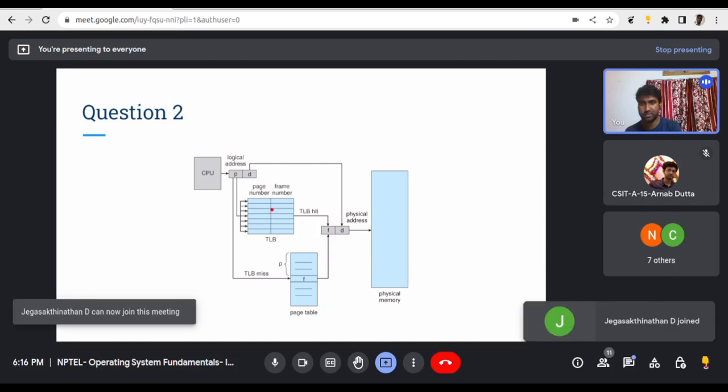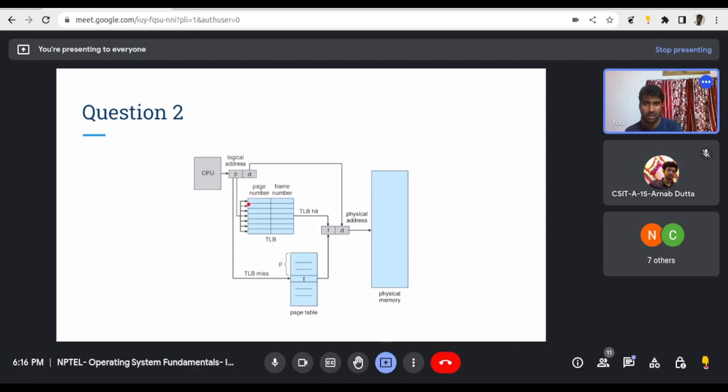What is the advantage of associative memory is you do not need to access the frames one by one. It can be accessed parallelly. So as you can see from the diagram, there are multiple arrows present. Actually multiple entries can be looked at a single time, parallelly.